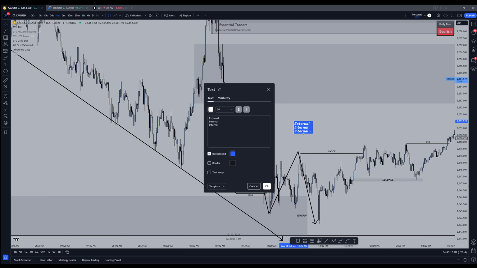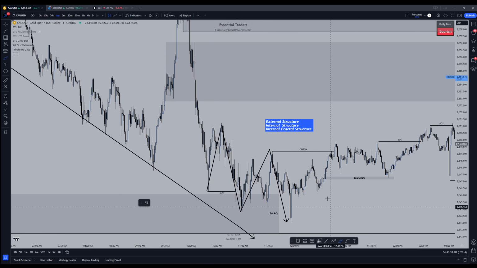There's internal structure, external, and then for the candle-to-candle structure that I taught you previously, we'll name this internal fractal structure. You could also call this microstructure, whatever you want, but just know this last one is candle-to-candle structure.